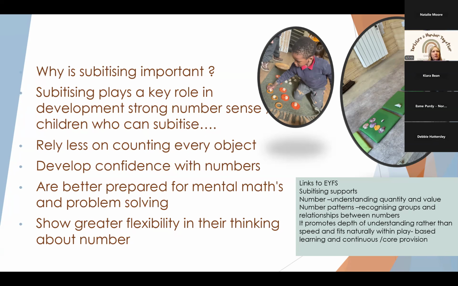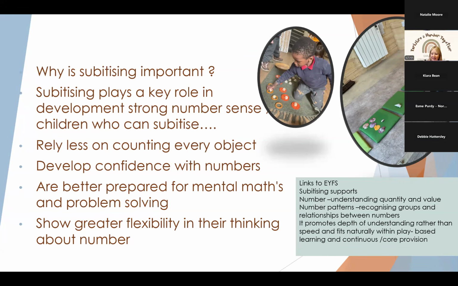They're better prepared for mental maths and problem solving. Lots of problem solving that you can interact with, develop and challenge with subitising in loose parts. And then it offers greater flexibility in their thinking about number. Lots of links to the EYFS. Subitising supports number, understanding of quantity, value, number patterns, recognizing groups and relationships between numbers.